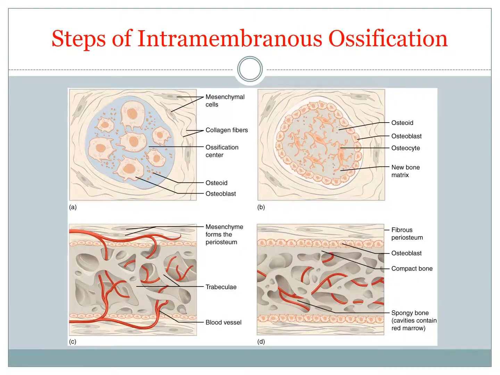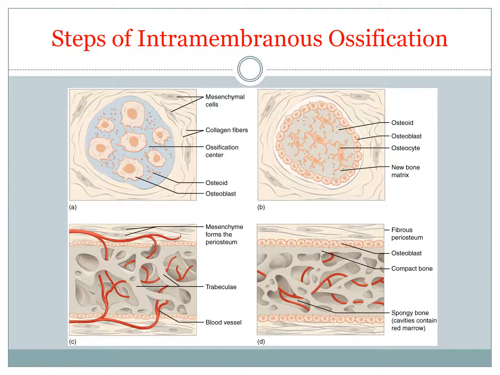Let's first look at intramembranous ossification. The formation of bones in this ossification process is without a cartilage model. Intramembranous ossification is typical in flat bones of the skull, the mandible, clavicles, and patella.